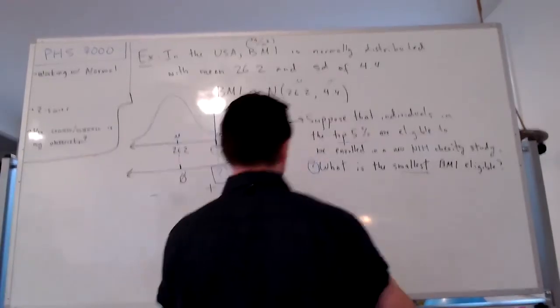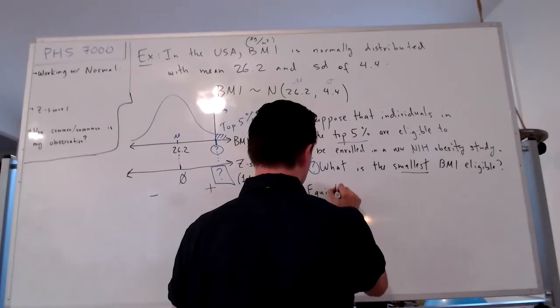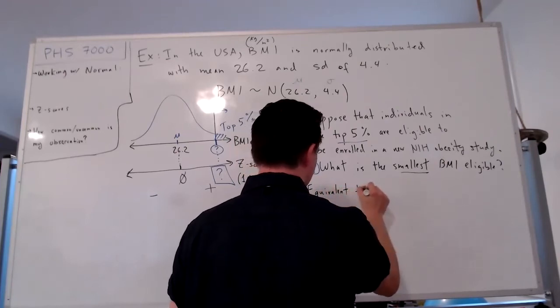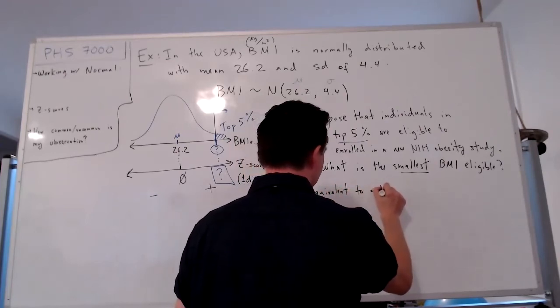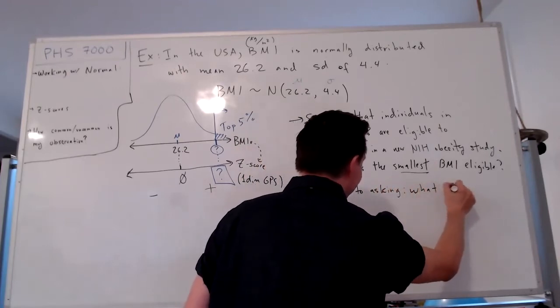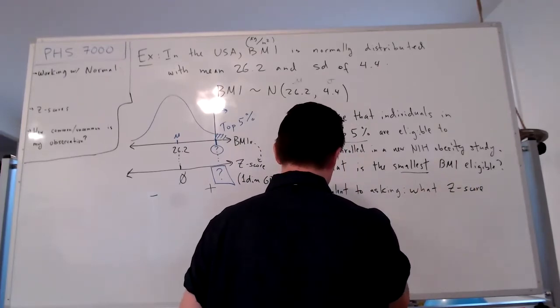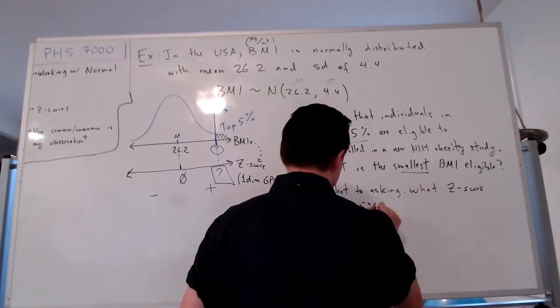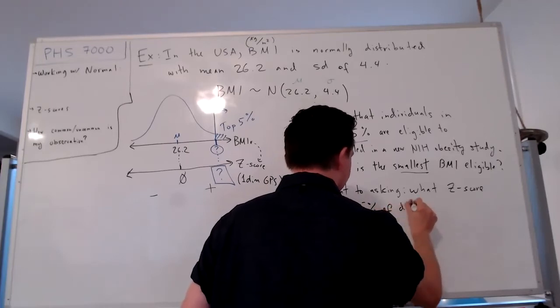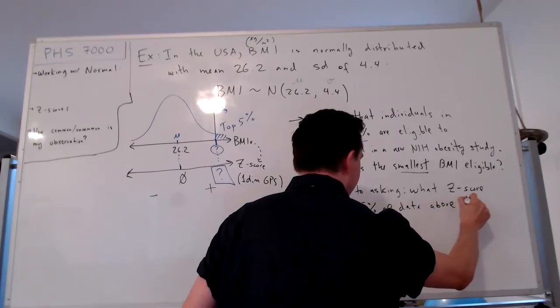Right? This is equivalent to asking what Z-score leaves 5% of the data above itself.